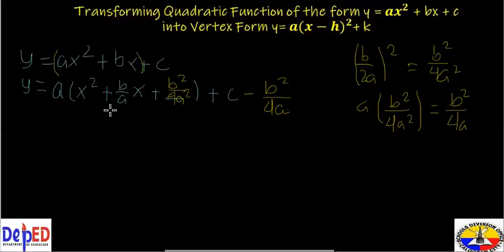Now we have x squared plus b over a x plus b squared all over 4a squared. This is already a perfect square trinomial. We can express this as the square of a binomial.